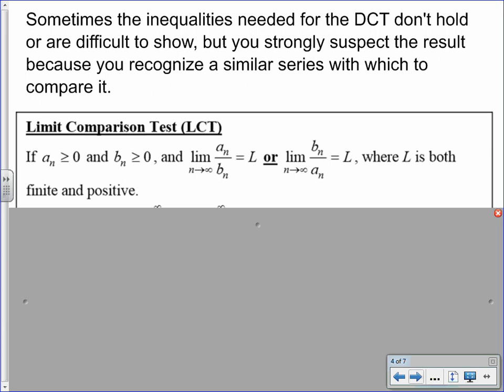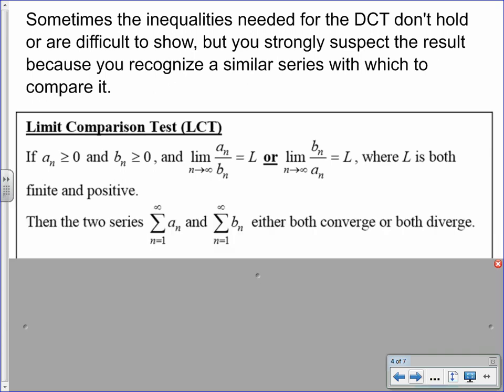So if this is true, then both series converge or both series diverge. So what we're going to do is pick a series to compare it to, find the limit of their ratio, and then make a decision about converging and diverging.